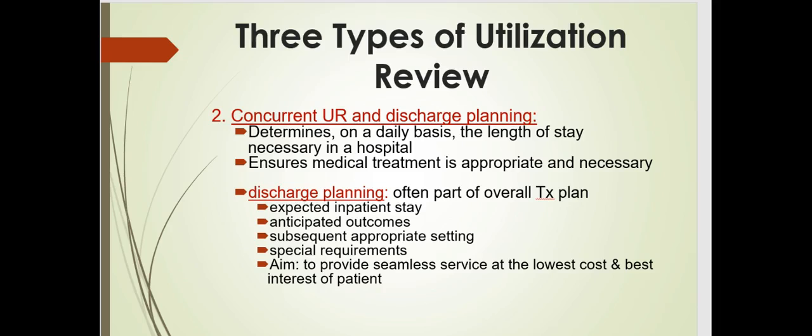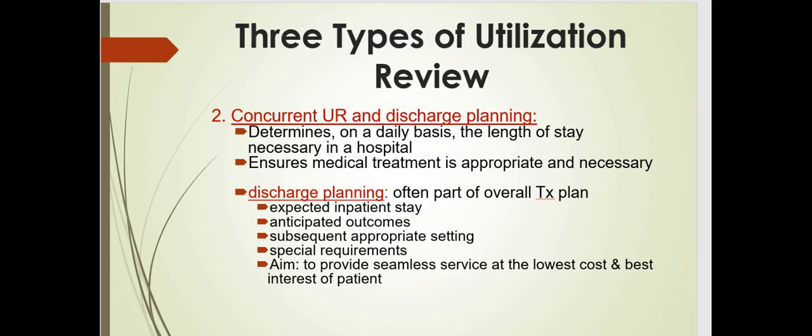Now, the second type of utilization review, concurrent utilization review, occurs when decisions regarding appropriateness are made during the course of healthcare utilization. The most common examples of this type of review involve the monitoring of inpatient lengths of stay and discharge planning.